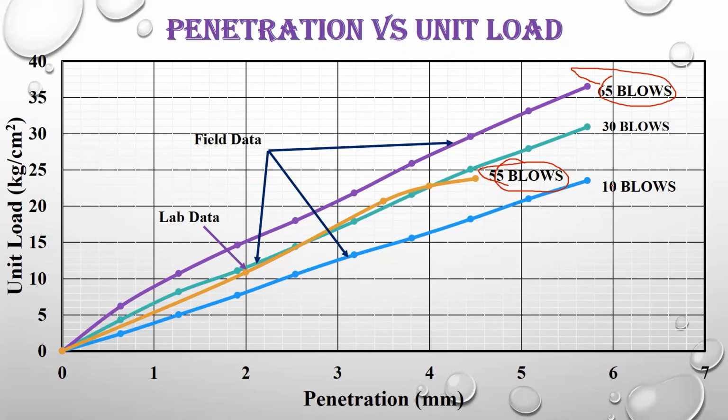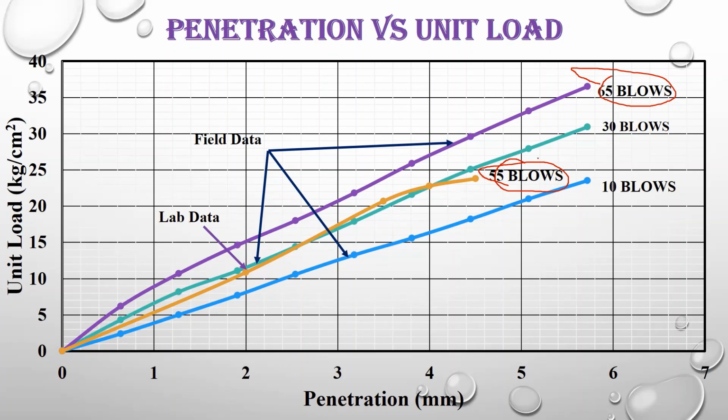They have done testing on 10 blows, 30 blows, and 65 blows. But an experienced supervisor always told me that we have to do this testing on 55 blows. You can ask about the field investigation as well, what they are using. You can do more testing as well, but right now we are more concerned with how you can describe this graph.